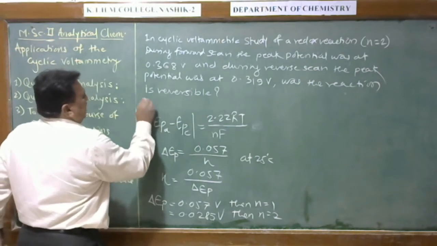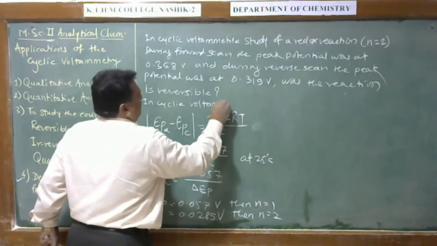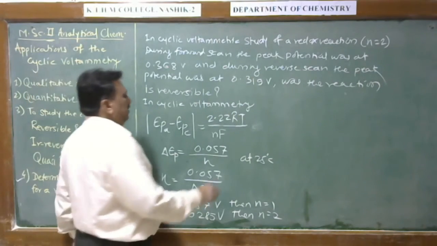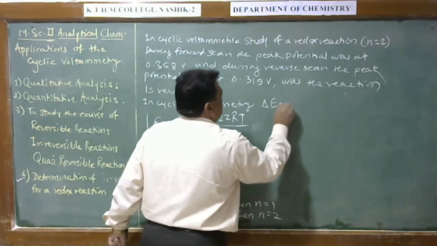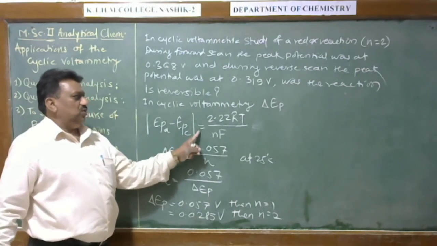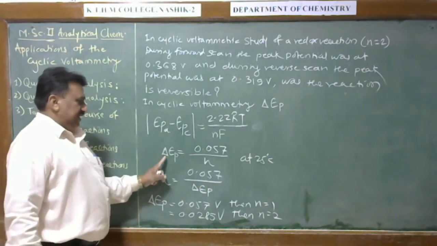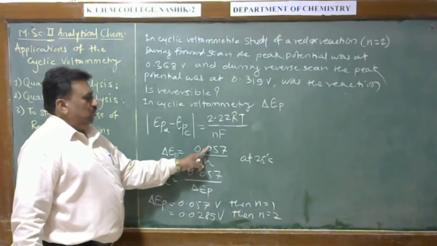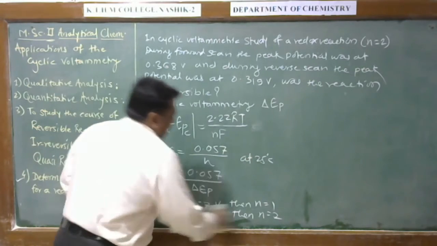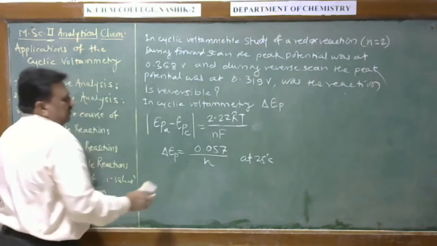We know that in cyclic voltammetry, peak to peak separation, that is delta EP, is given by this equation, that is mod of EPA minus EPC is equal to 2.22 RT upon NF, and here at 25 degrees centigrade delta EP is equal to 0.057 at 25 degrees centigrade. In this case, here n value is given to you, that is equal to 2.